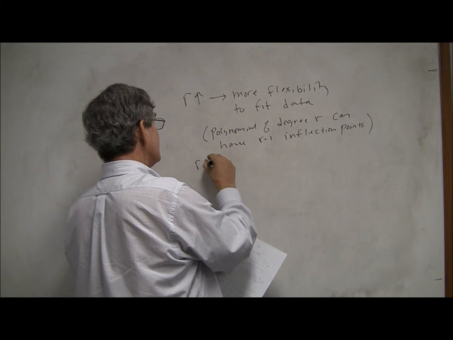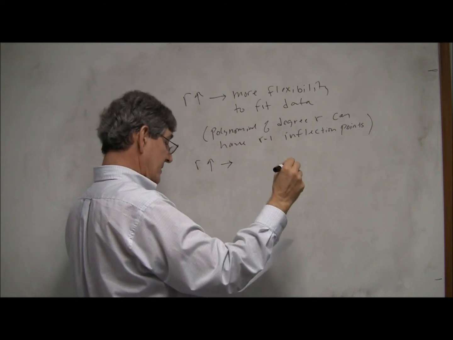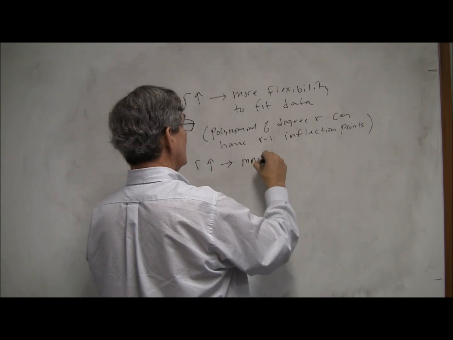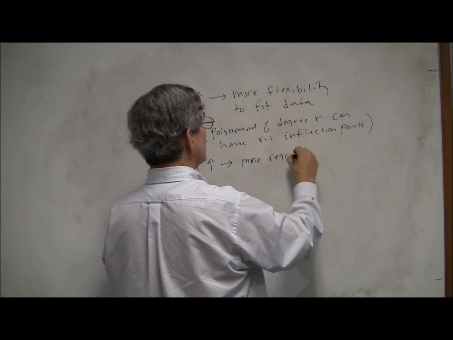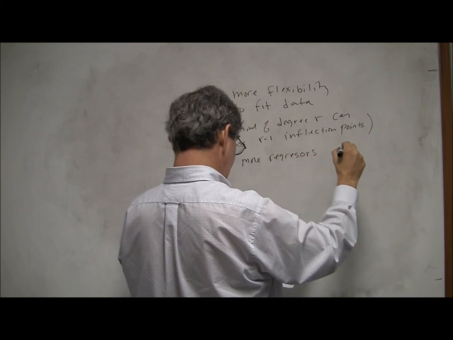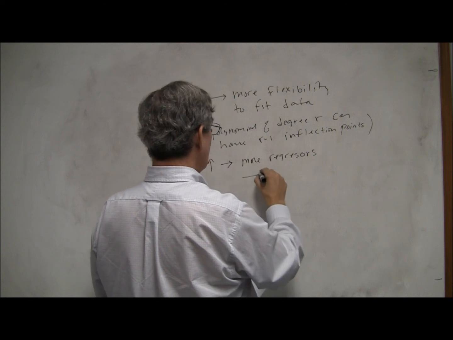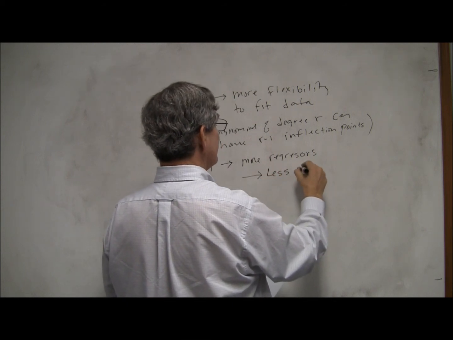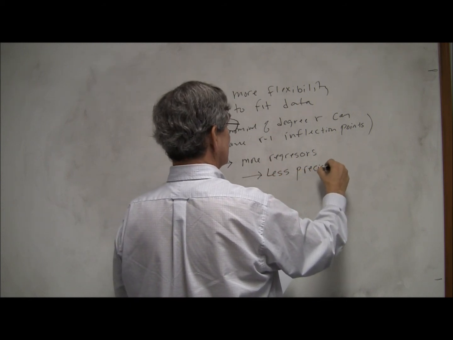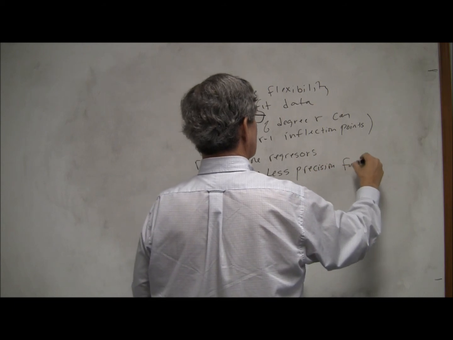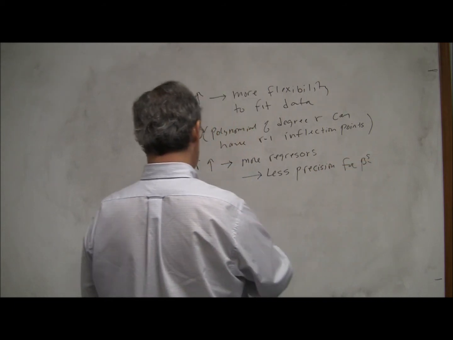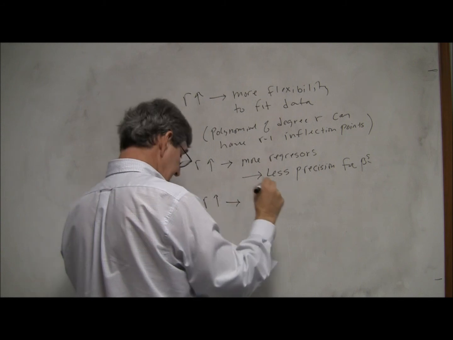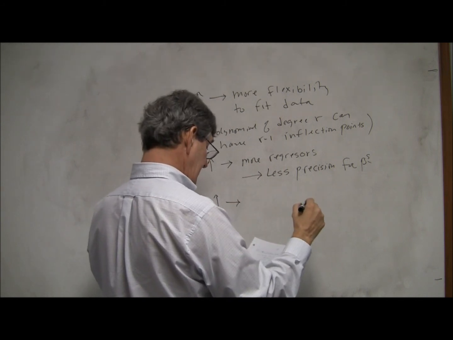When you increase the number of polynomial terms, you get more regressors. And in general, what that means is less precision for the betas. And finally, when r goes up, you risk overfitting.